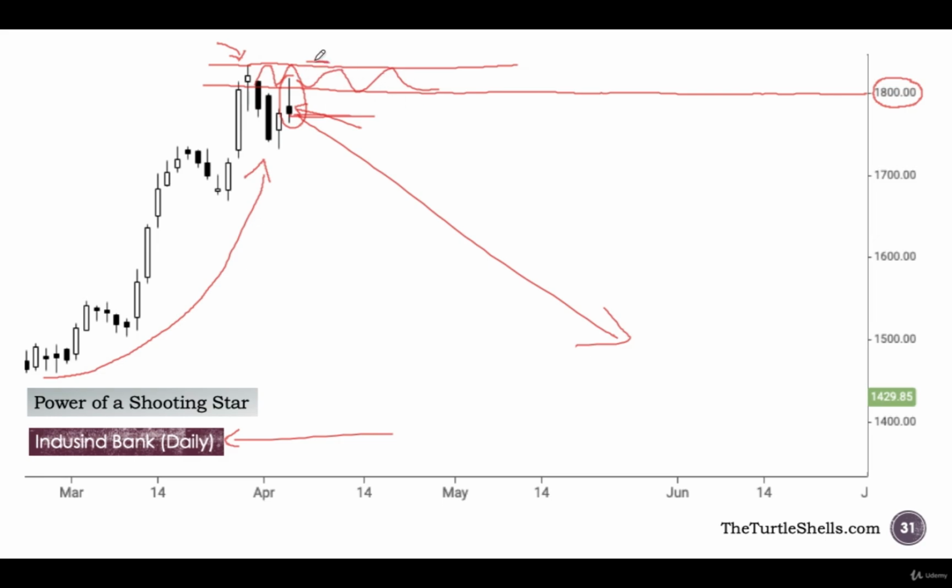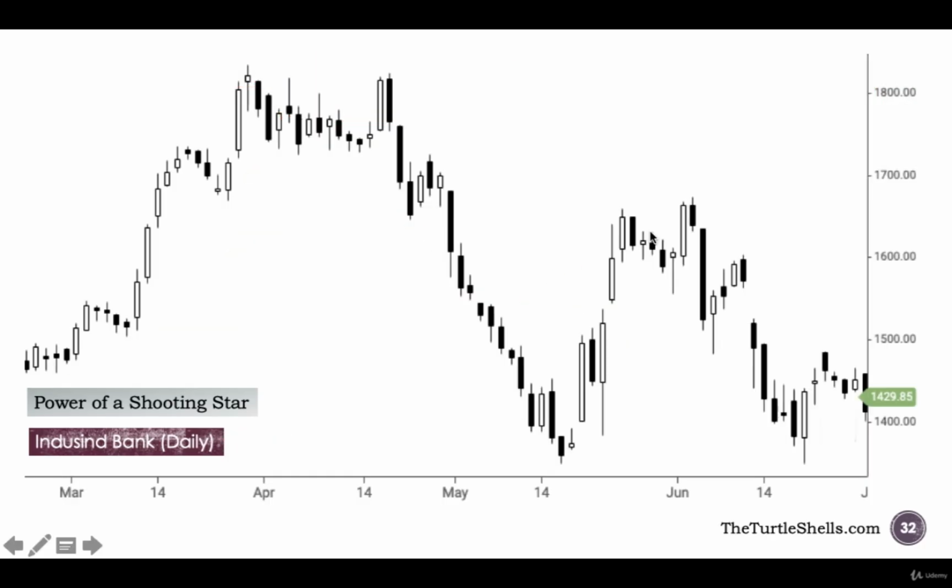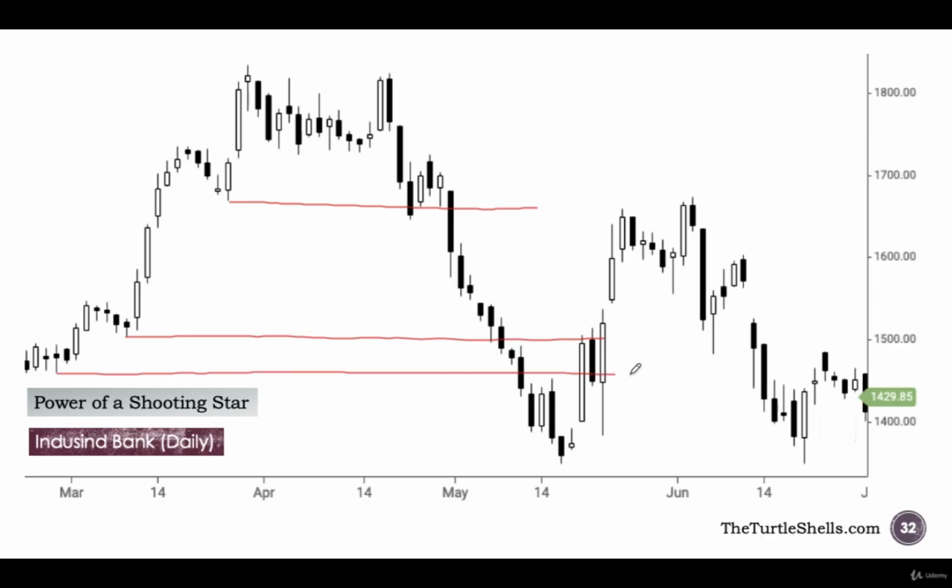I would expect the prices to go down from here, which is exactly what happened. If we take this low or this low or this low, all of these targets were achieved if we would have taken a short position here.